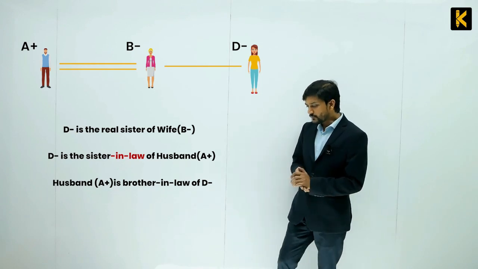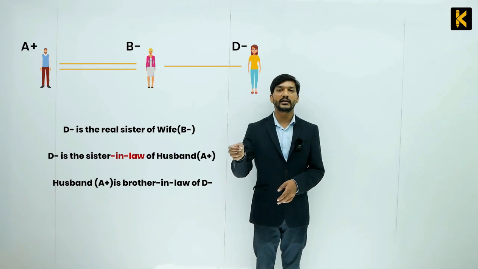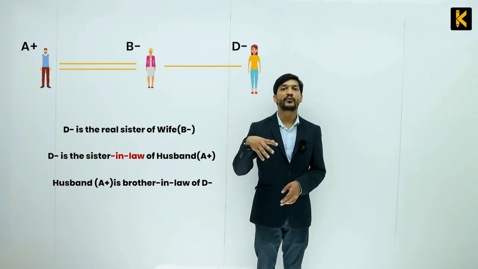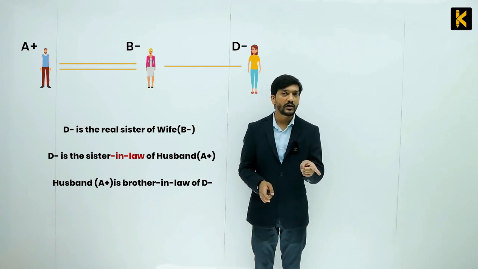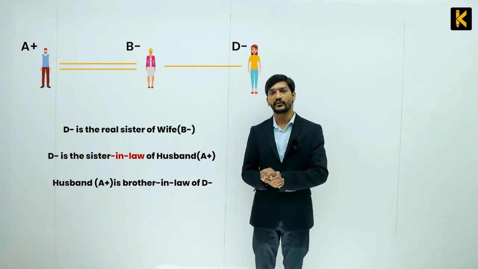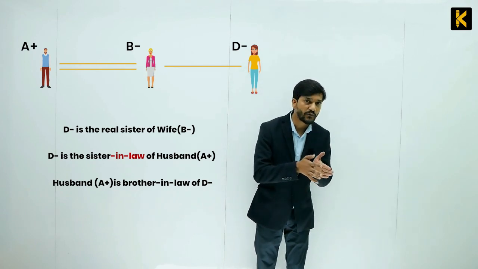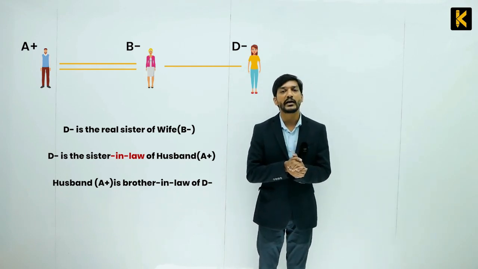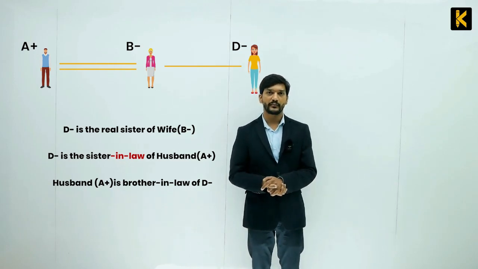Alright. So I always say like this, that real brother or sister of husband means brother-in-law and sister-in-law for the wife. And if you are taking real brother and real sister of wife, they will be called brother-in-law and sister-in-law for the husband.